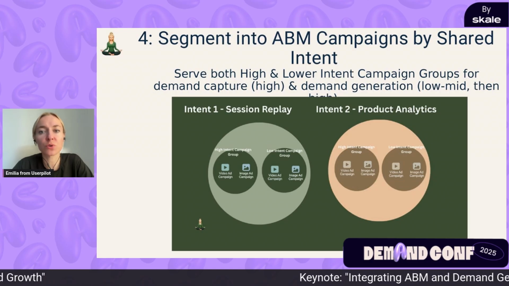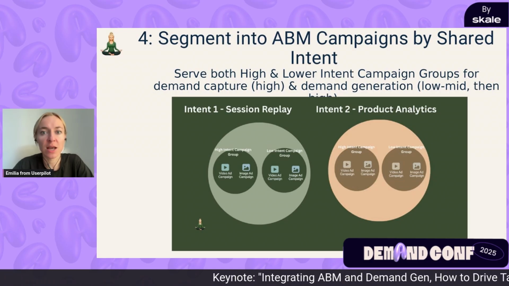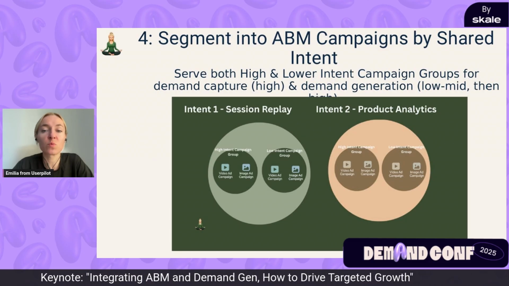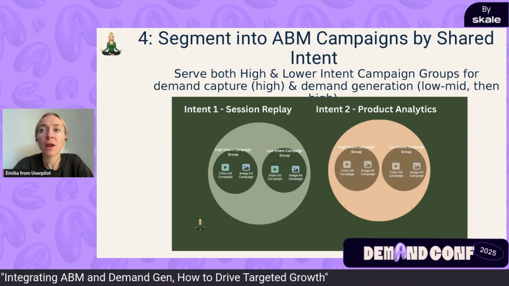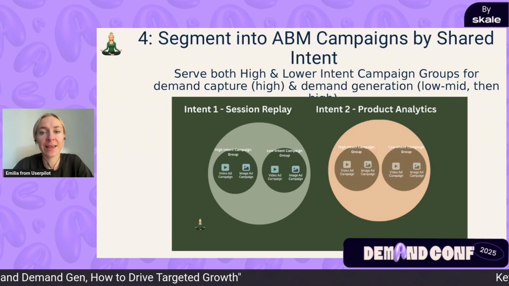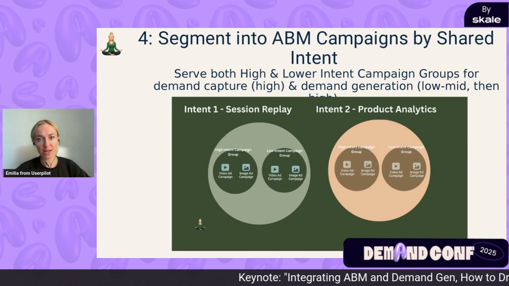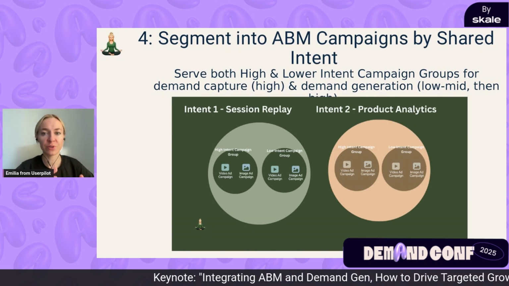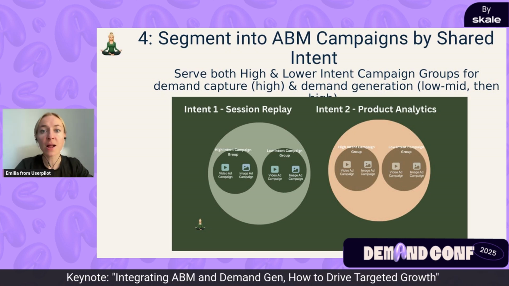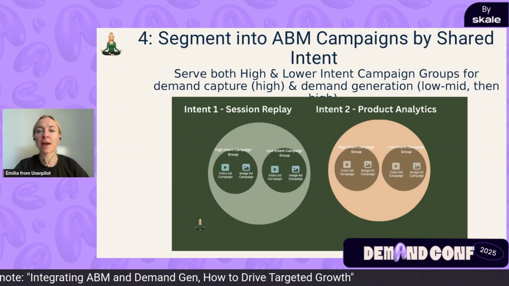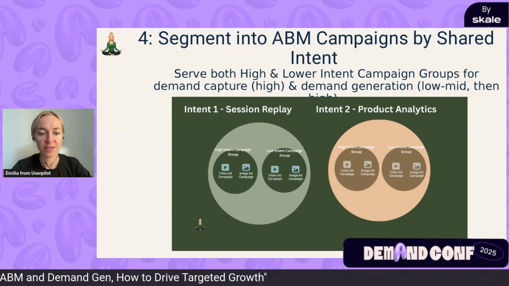Because you want to use the shared intent from your account scoring, so you understand which features, which particular jobs to be done this particular account is interested in order to retarget them with the right next layer campaigns, and in order to capture that intent on account level and then use it to funnel the accounts to the right BDR sequences.